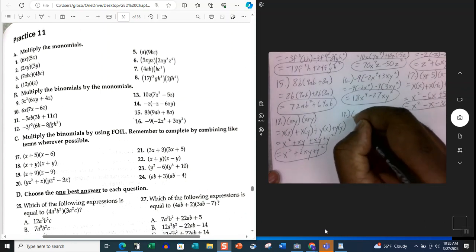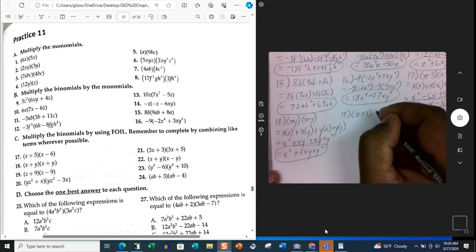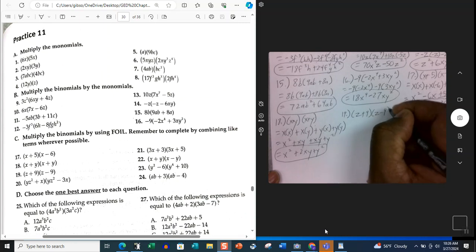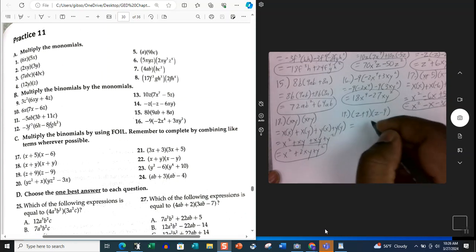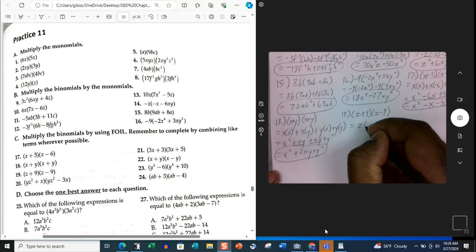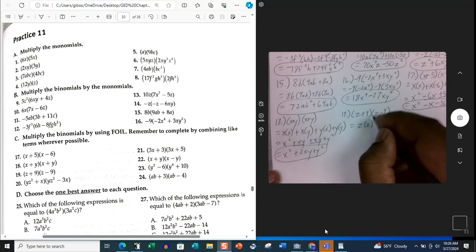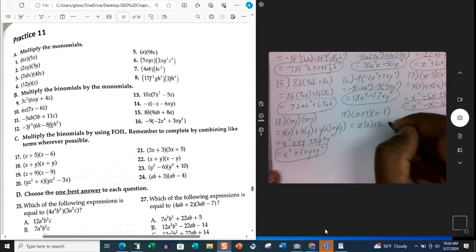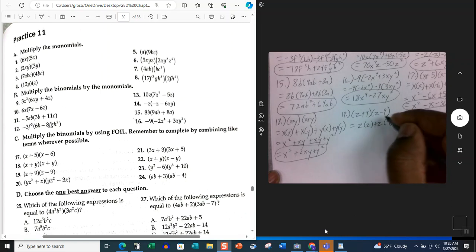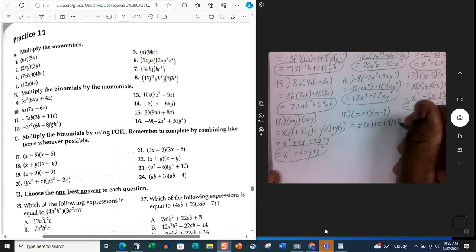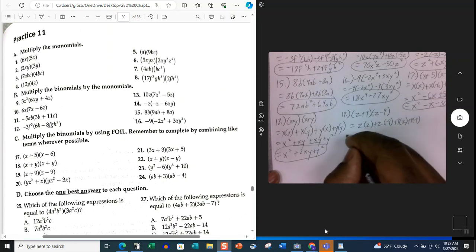So we have z plus 9 and z minus 9. Now again, we do the front, which will give us z times z. The outer, which will give us a positive z times negative 9. The inner will give us positive 9 times z. And then the last will be positive 9 times negative 9.